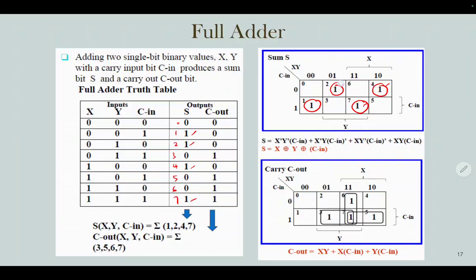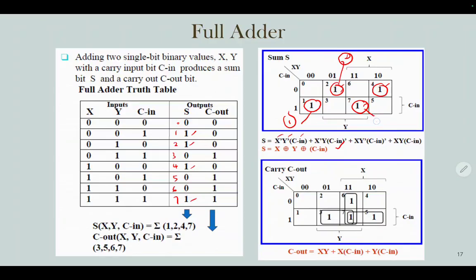When you read here, number 1 is C in equals 1, X, Y equal 0, 0. So you got X bar, Y bar, C in. Then number 2, you read C in equals 0, X equals 0, Y equals 1. So you got X bar, Y, C in bar.